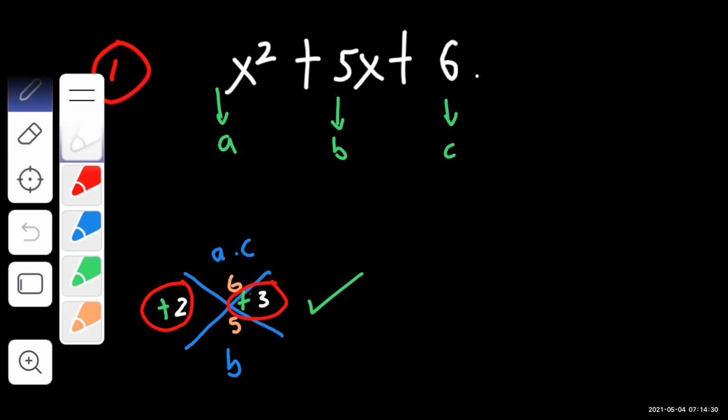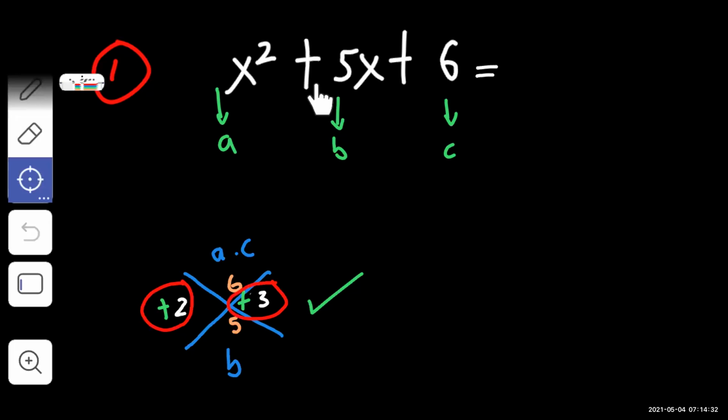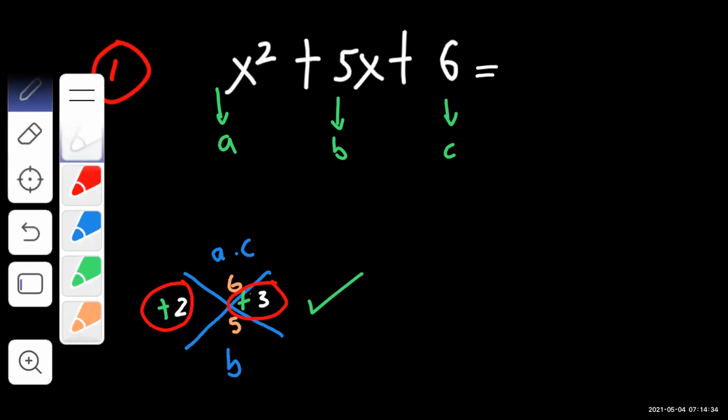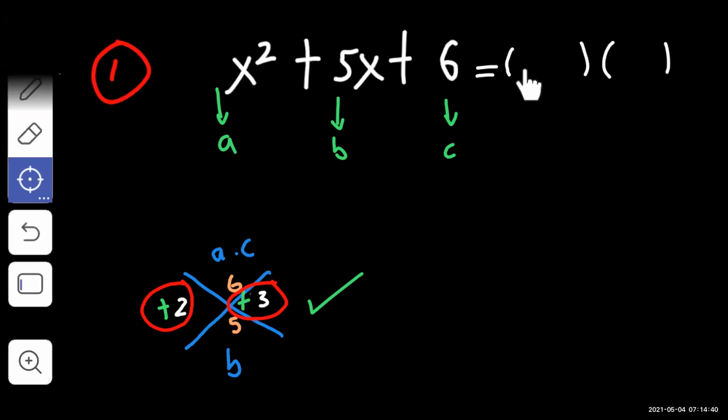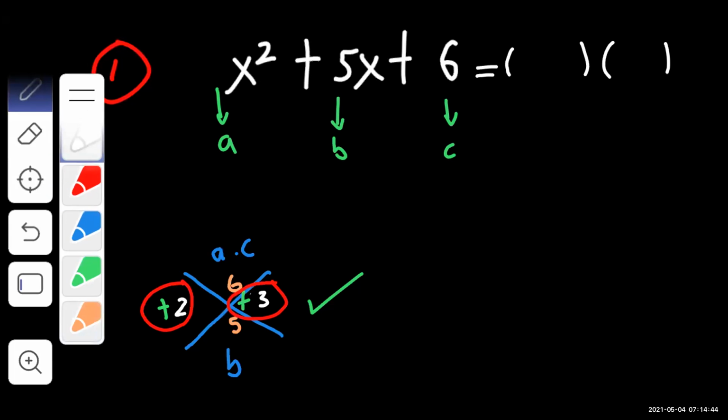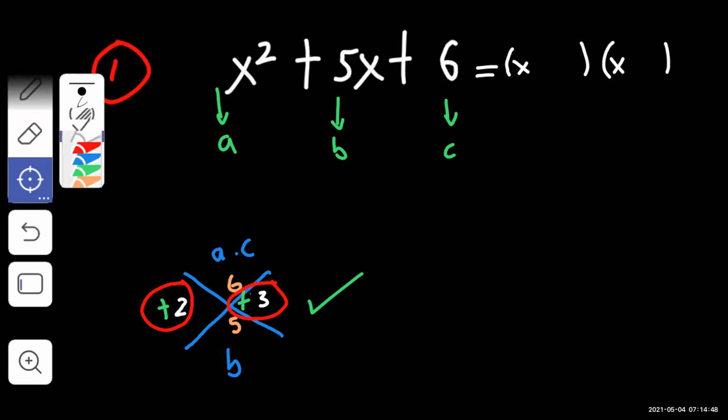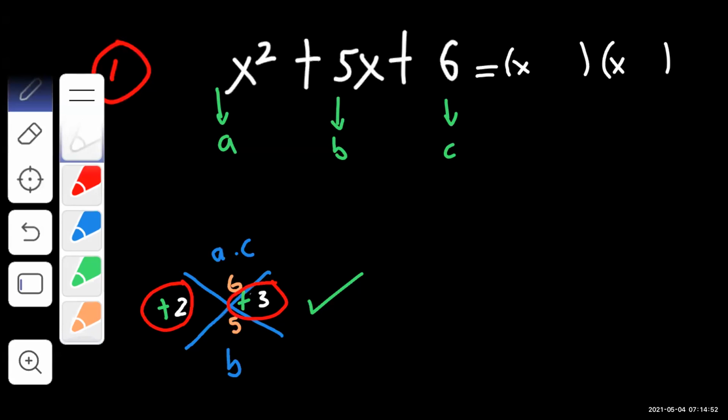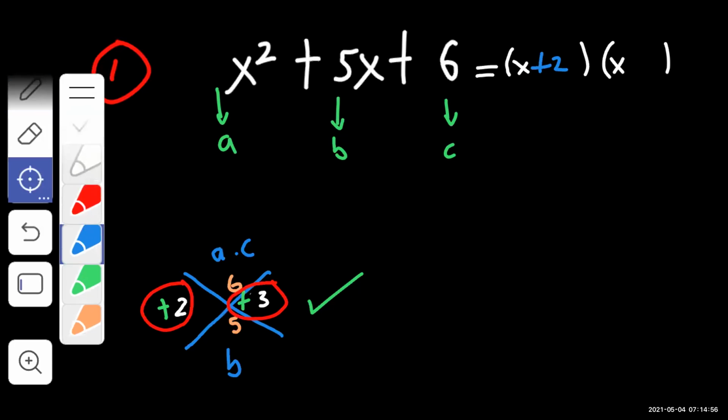So how do we factor this? We're going to put two parentheses, and then we copy x squared, which can be factored as x and x. We put x and x, and we copy positive 2, and then what is the other one?